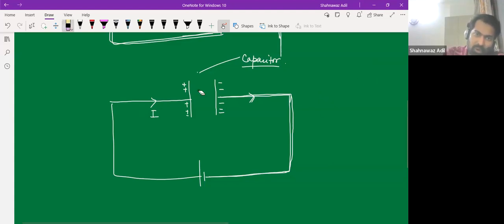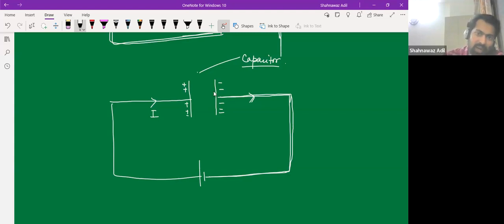So there is no movement of charges inside this capacitor, which means there would be no current inside the capacitor.